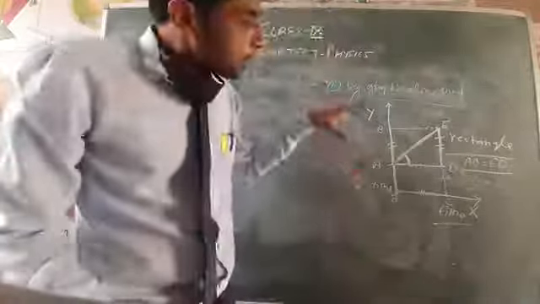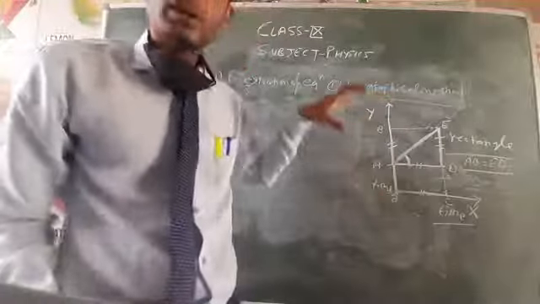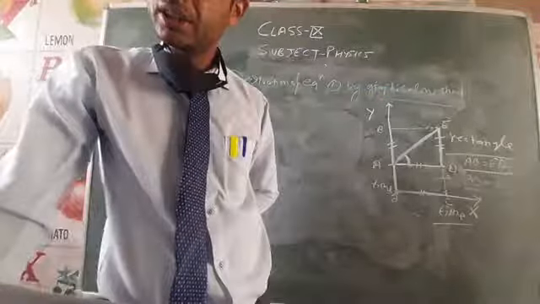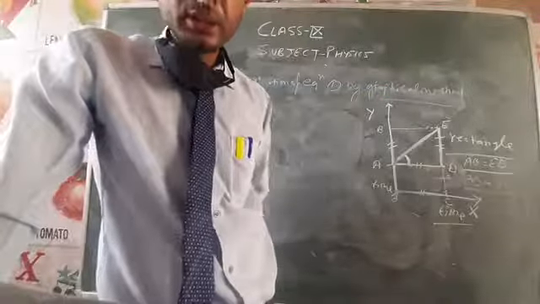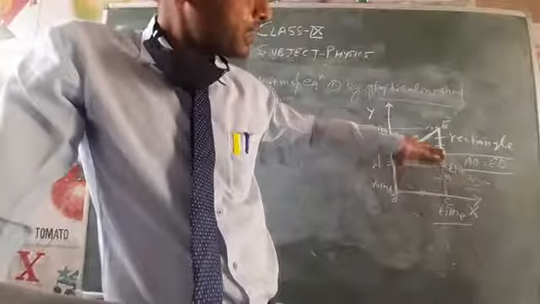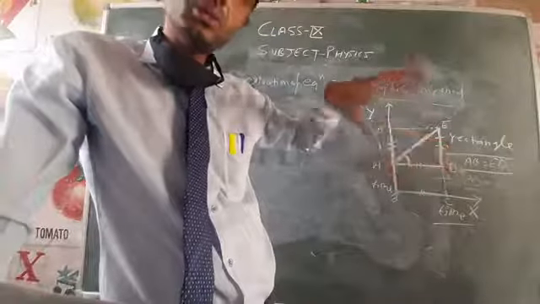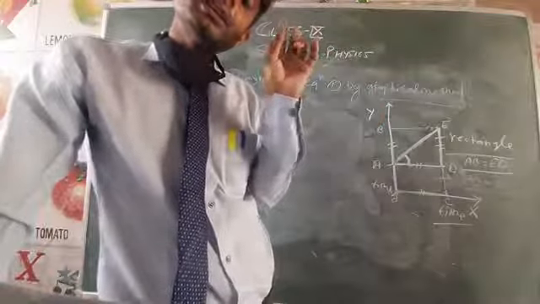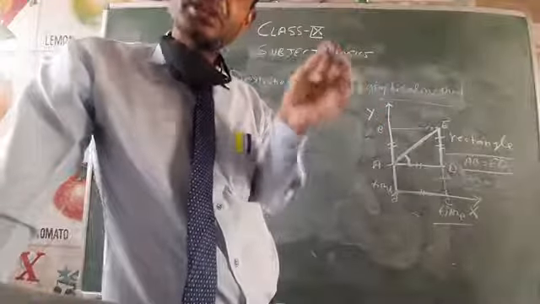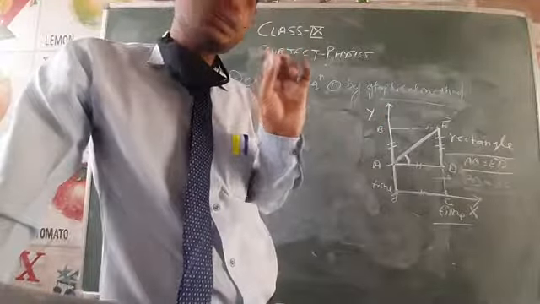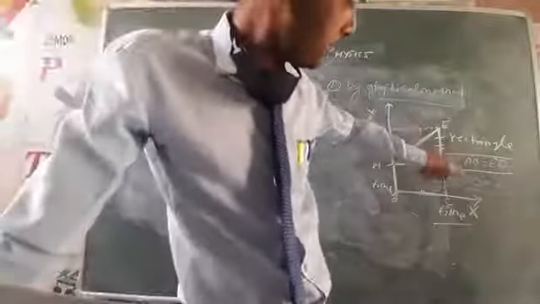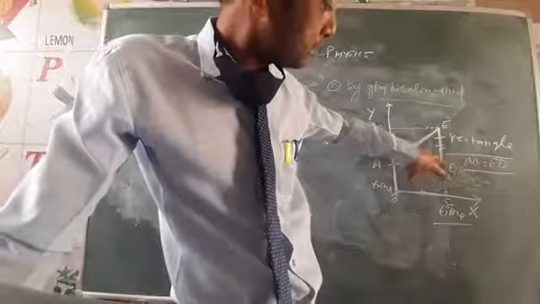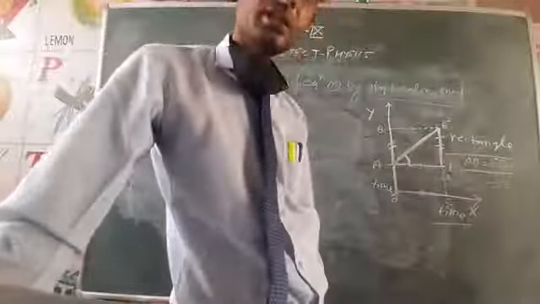The area covered by the velocity-time graph in time t represents distance. You have to note this point. In the velocity-time graph, the area covered by the velocity graph represents distance.